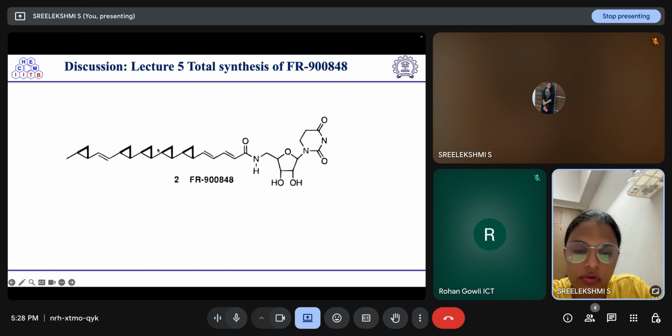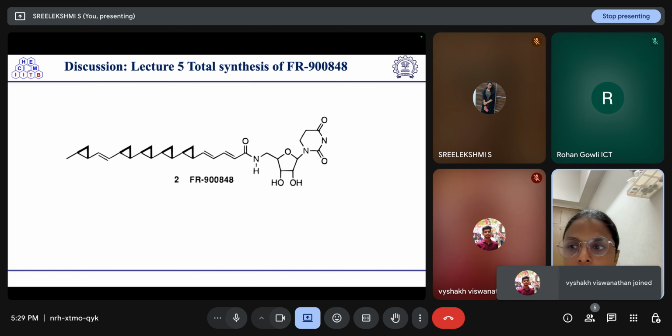Barrett's group in 1996 first achieved this natural product, where he utilized the Simmons-Smith reaction for the construction of the cyclopropane ring using zinc carbenoid.